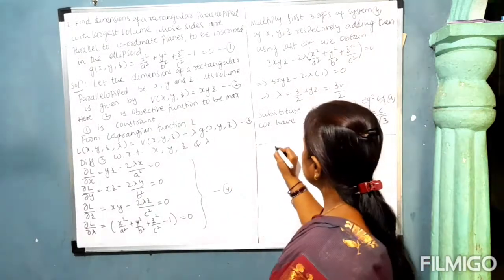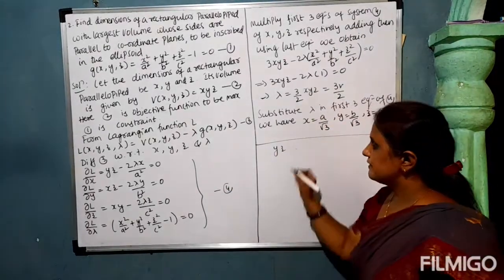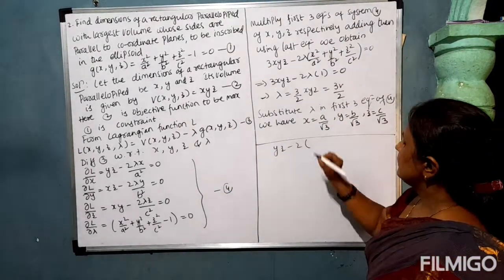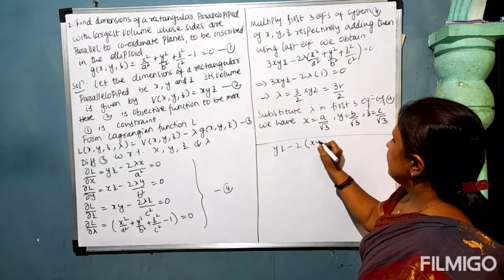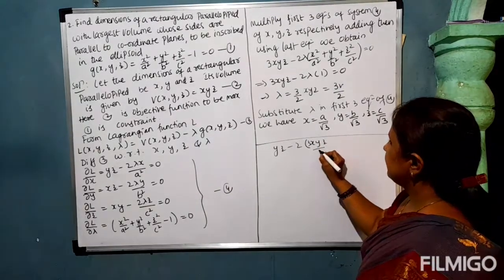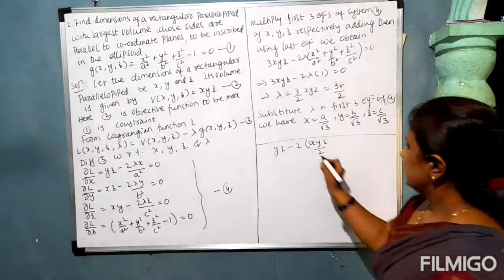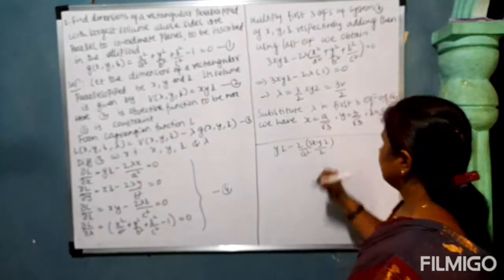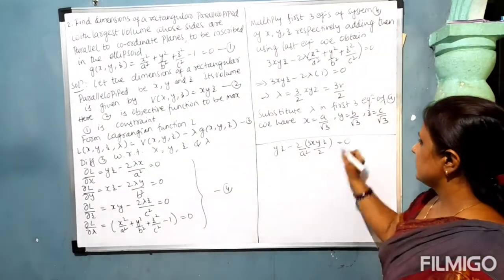If we substitute in equation 1, what do we get? yz minus 2 into, 3xyz by 2, here 2 by a square into this much we get equal to 0.